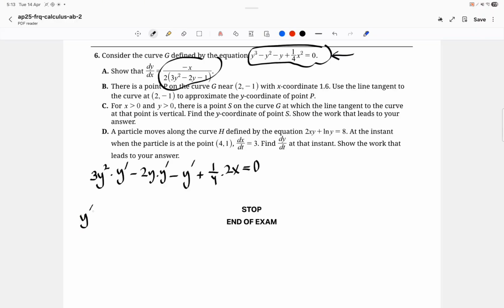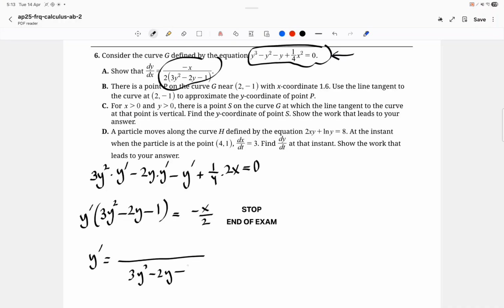So isolate for the y primes. y prime times (3y squared minus 2y minus 1) is equal to negative x over 2. So y prime is equal to negative x over 2, which means the 2 goes down, over the bracket 3y squared minus 2y minus 1.